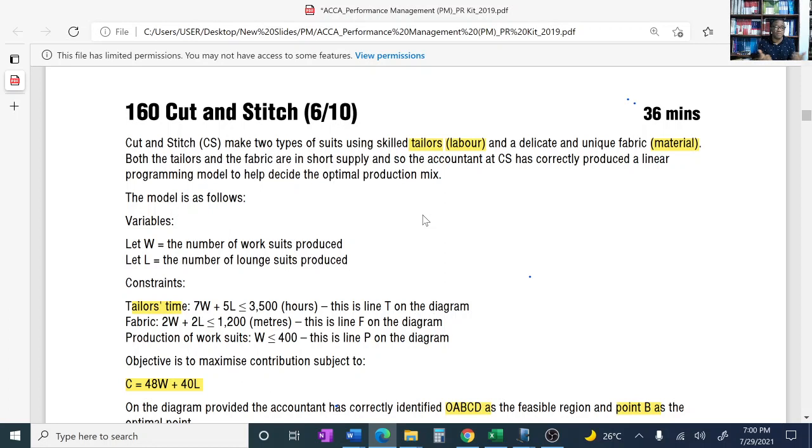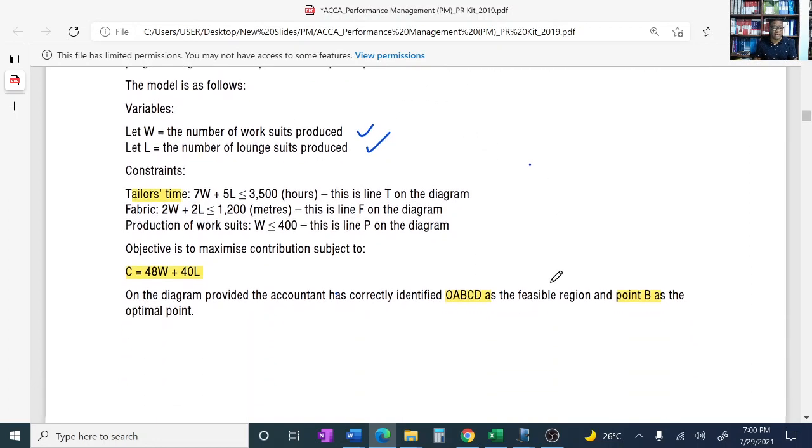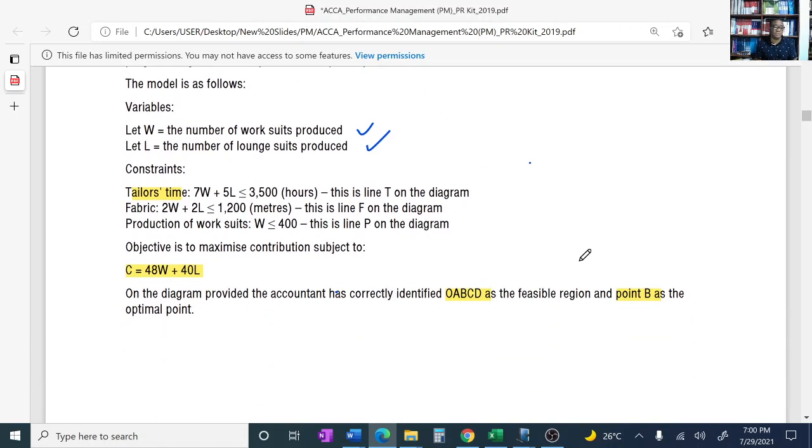So it says let W be the number of work suits produced, L be lounge suits. The constraints we are told is 7W plus 7L, no more than 35 hundred, that's for the tailor's time.